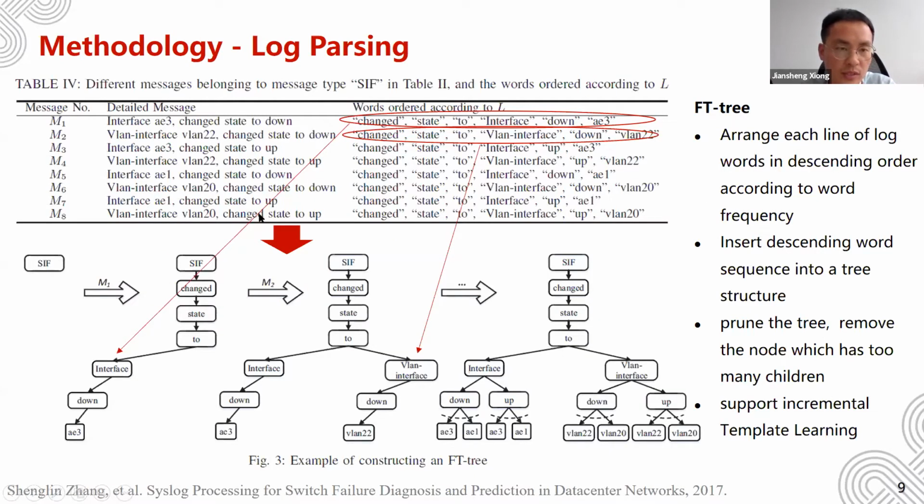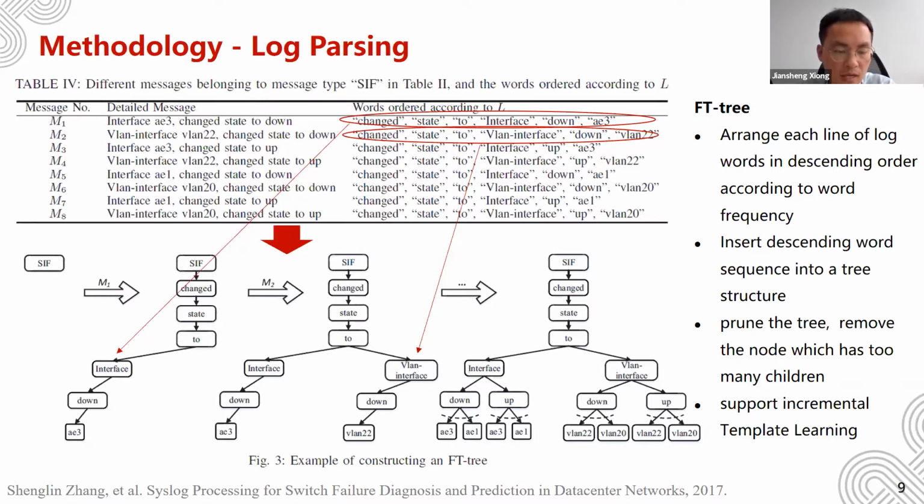Compared to Drain, this is FT-tree. This is another log parsing method. And compared to Drain, FT-tree does not rely on any domain knowledge. It is an incrementally trainable technique for log event extraction. It is an extended prefix tree structure for encoding message templates.